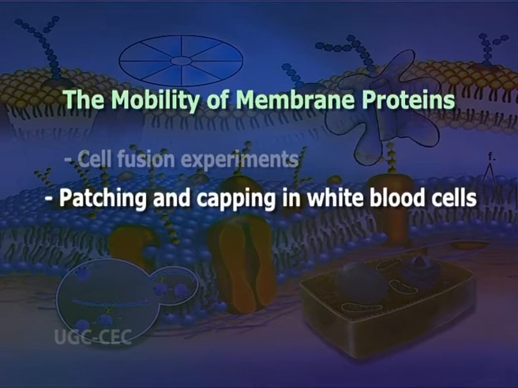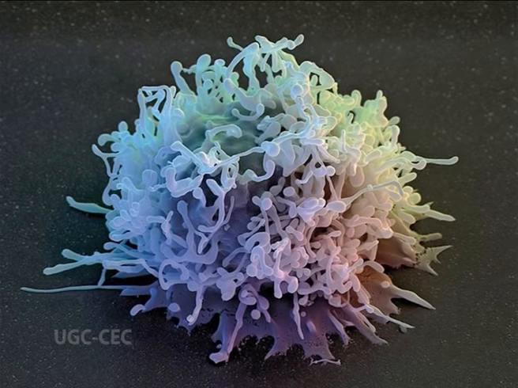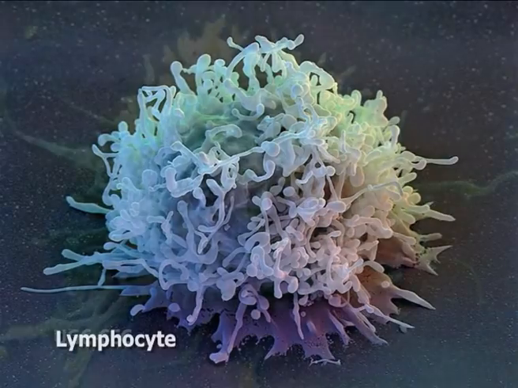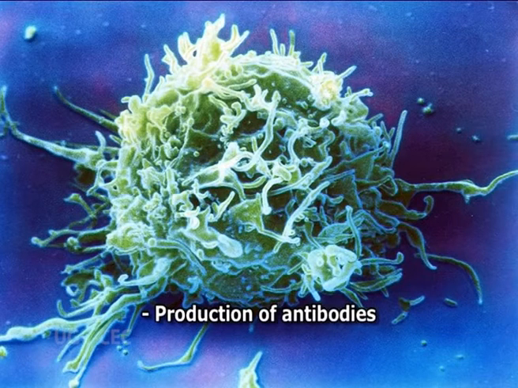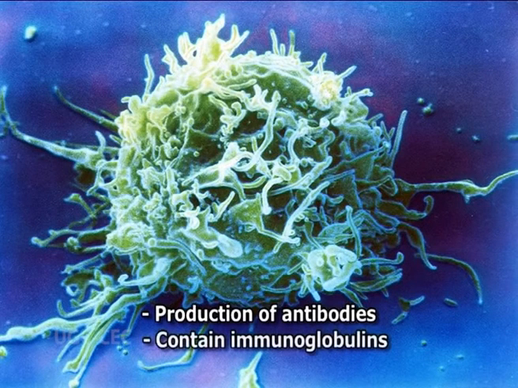Patching and capping. The cell that has been most intensively studied with respect to the mobility of its membrane proteins is the lymphocyte. These cells are of the immune system and are responsible for the production of antibodies against foreign materials, and the membranes of these cells contain immunoglobulins, that is, antibodies as well.